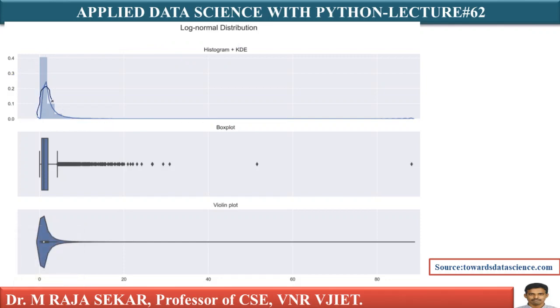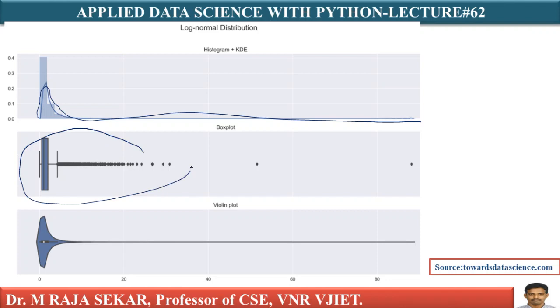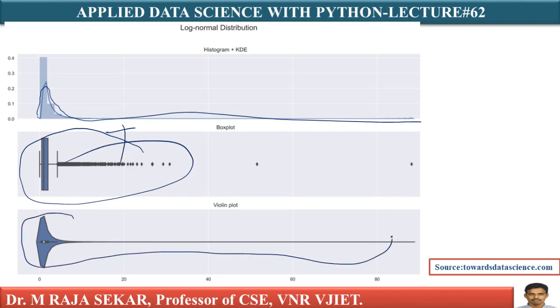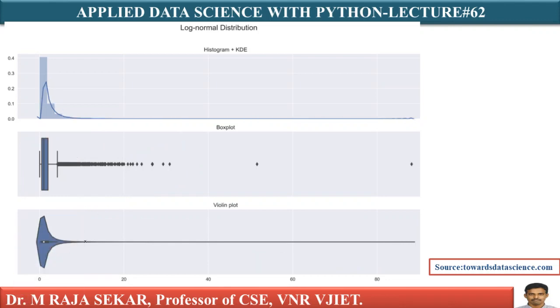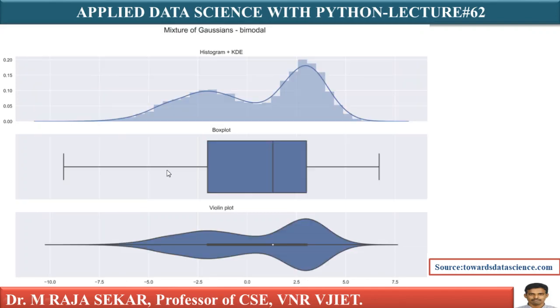This curve is the kernel density plot. Even this one is your box plot. I am combining these two. This is the corresponding violin plot. You can interpret how the violin plot is formed from KDE and box plot.